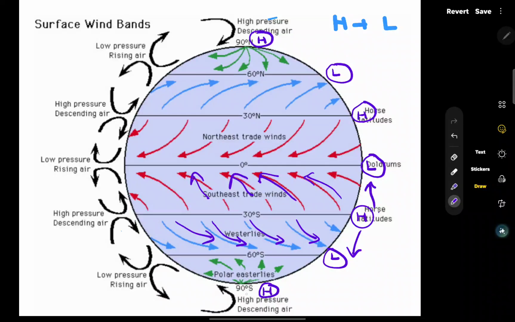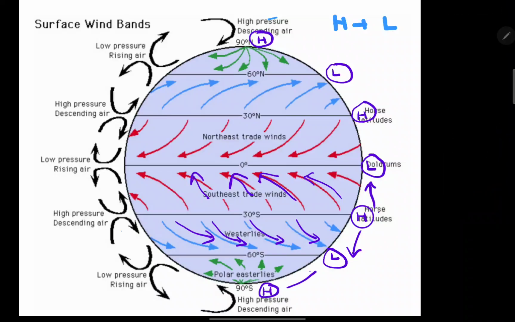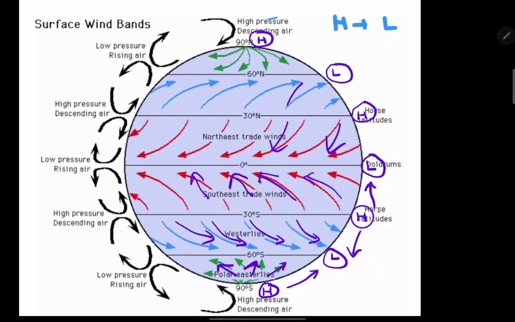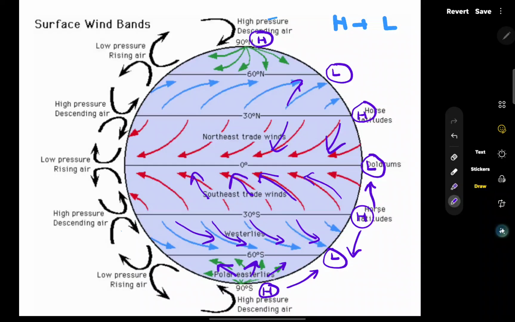And again from 90 degrees south, your south pole, toward the equator, again high to low. And the same thing in your north: wind is traveling from high to low, and the same at your north pole, high to low.